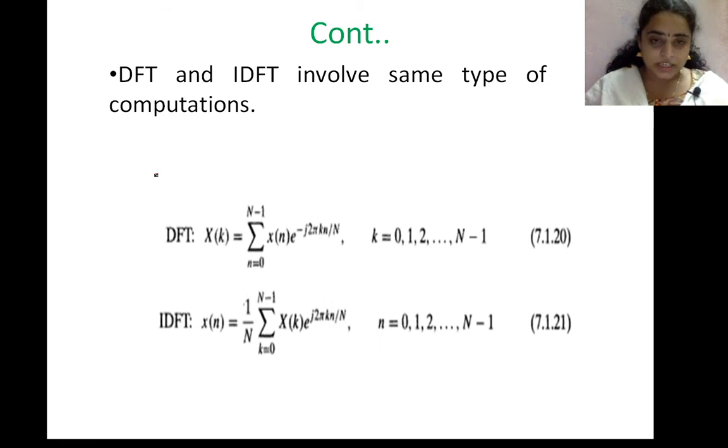The formula for DFT: X of k equals summation n equals 0 to N minus 1 of x of n into e power minus j 2 pi k n by N. Similarly, IDFT, to find the time domain sequence: x of n equals 1 by N summation k equals 0 to N minus 1 of X of k into e power j 2 pi k n by capital N. These are the formulas for DFT and IDFT, and we know how they are obtained from unit 1. We also know that e power minus j 2 pi by capital N is nothing but a twiddle factor.